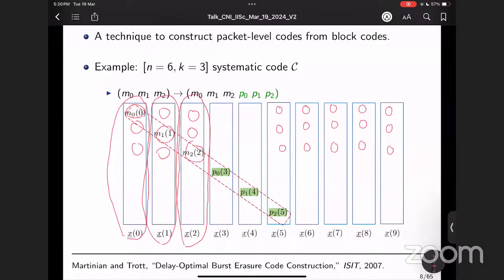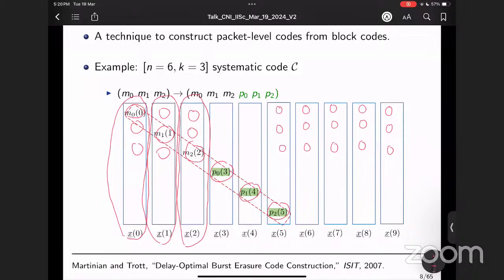And now, for example, this parity symbol, along with this parity symbol and this parity symbol, will be produced in such a way that M00, M11, M22, P03, P14, P25 is basically a codeword belonging to the block code. So that's the way in which you can generate these parity symbols.